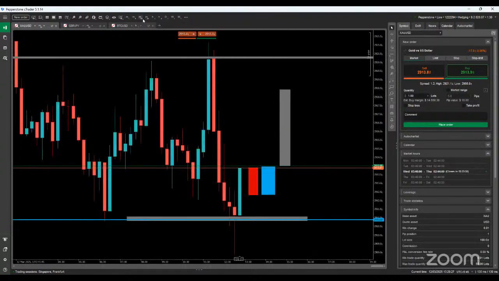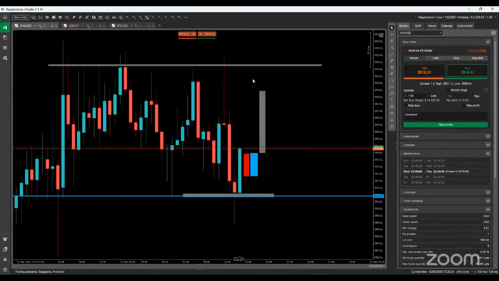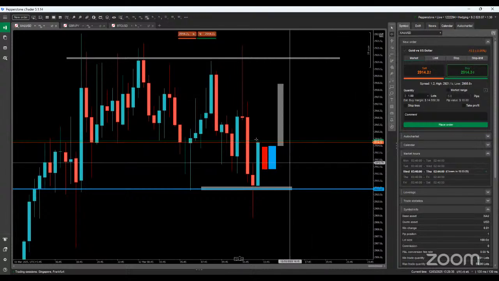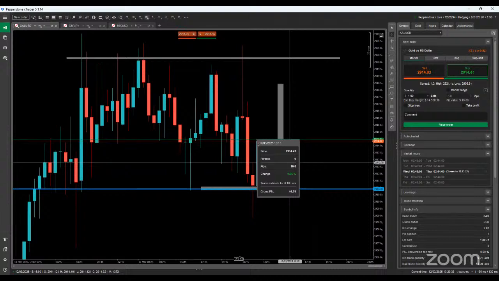Looking at the 30-minute, it's moving up like a rocket. It has already moved this much, which is about how many pips? It's a 16 pips move, already moved. 17, 16, 17.